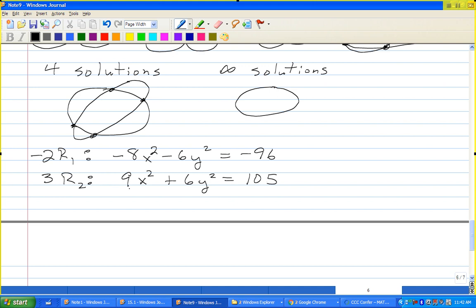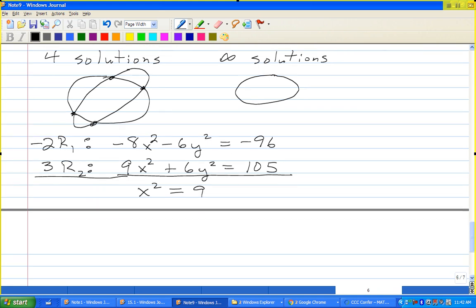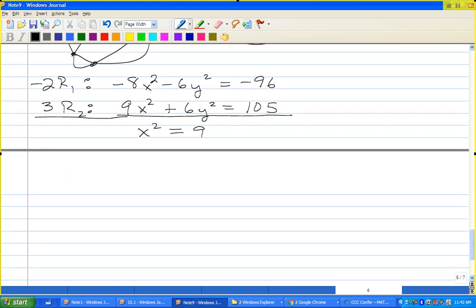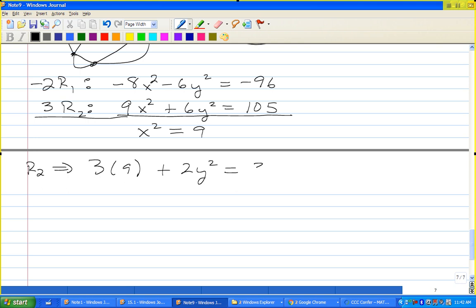So let's add these. So if I add these equations, I get, well, x squared equals 9. Let's substitute, I guess, into R2. So I have 3x squared plus 2y squared equals 35.